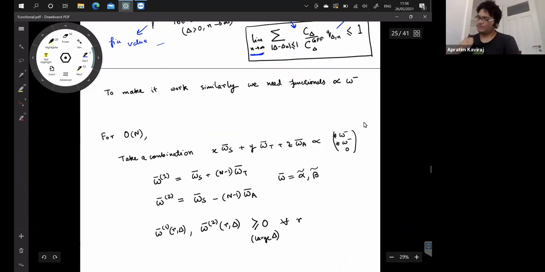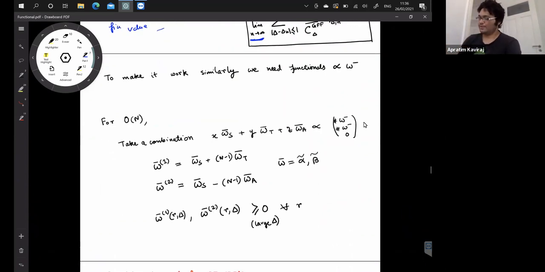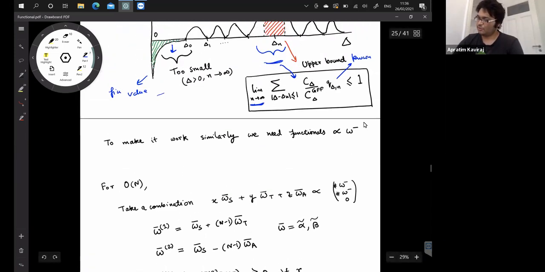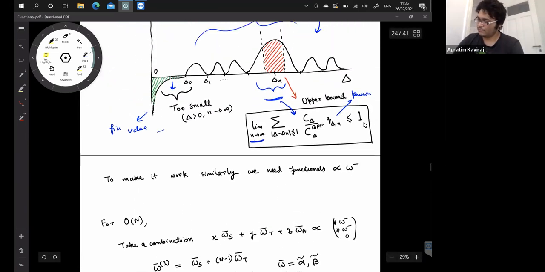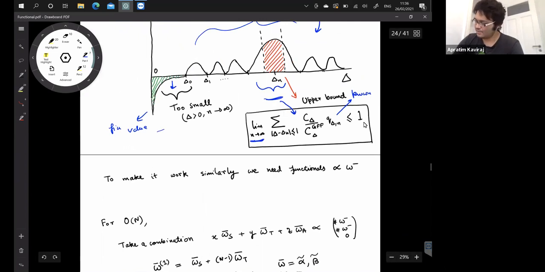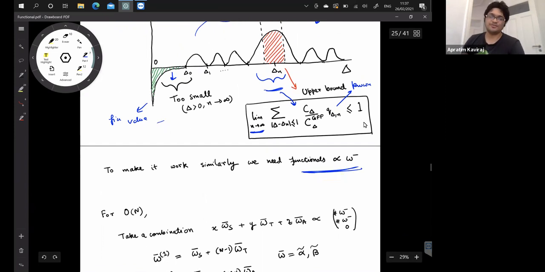Okay. So the idea is to make this work for the ON case. For the ON case, it's very easy to do this because this whole bound was obtained with minus type functionals, and to make it work, we choose a combination of ON functionals which are also simply proportional to omega minus.